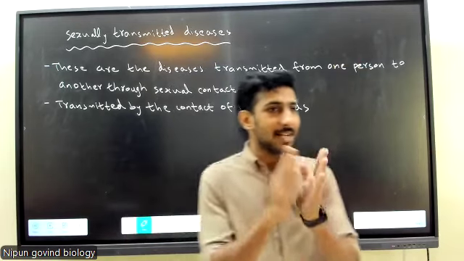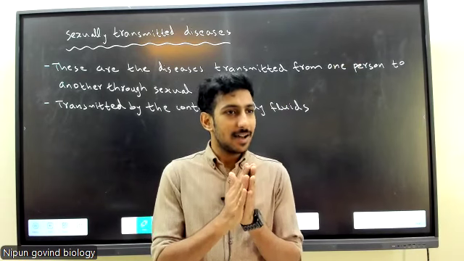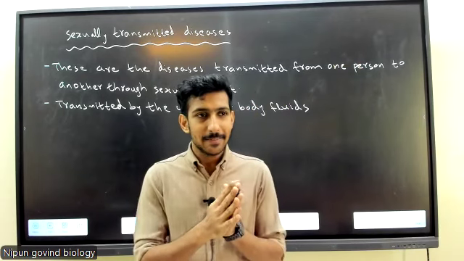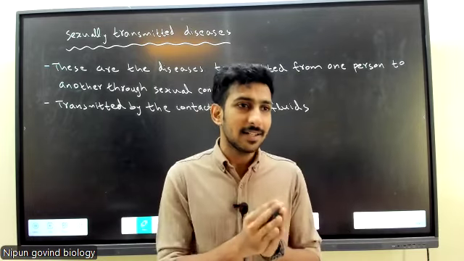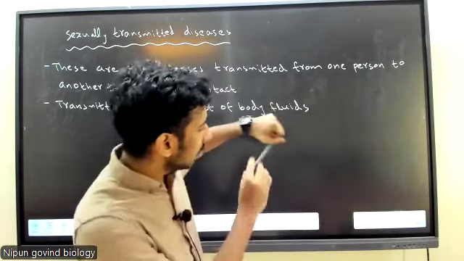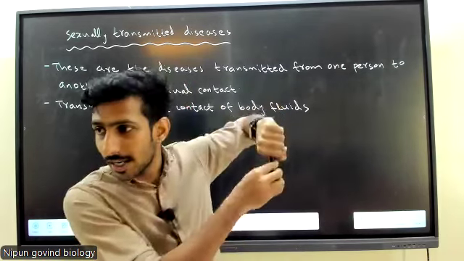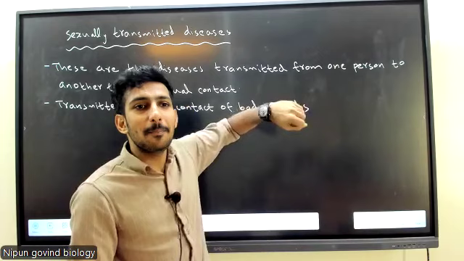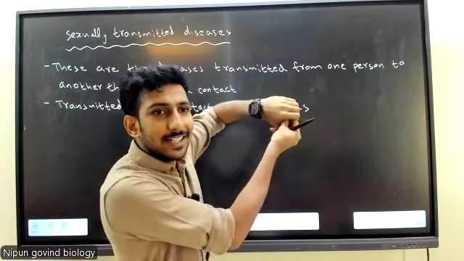Guys, you know, the penis is inserted through the vagina, right? See, that will be very painful. In order to reduce the pain, or the friction, there will be some fluid secreted from the vagina.